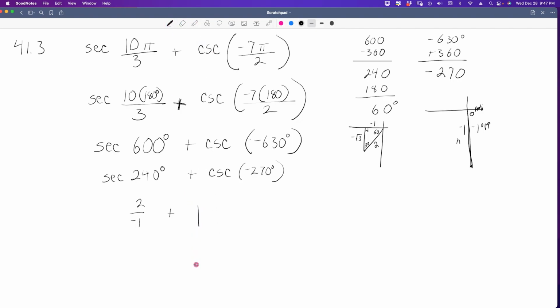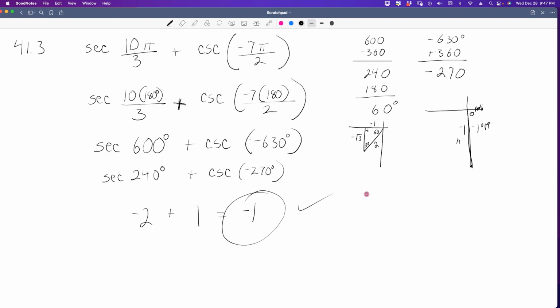So +1. And 2 over a -1, a positive over a negative, that's going to be a negative. So that's going to be -2. -2 plus 1 is equal to -1. I do believe that is the correct answer. And it is. We got it right.